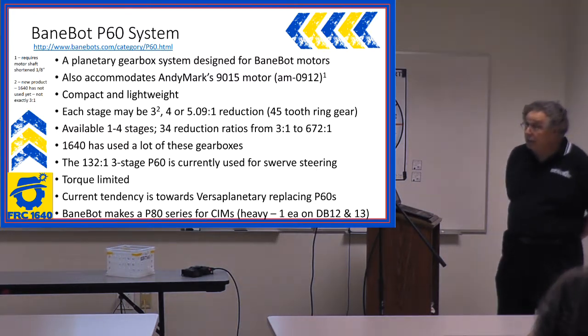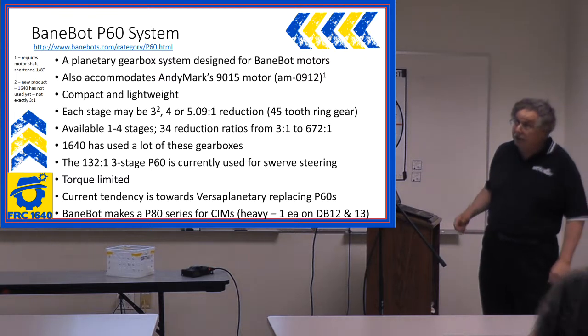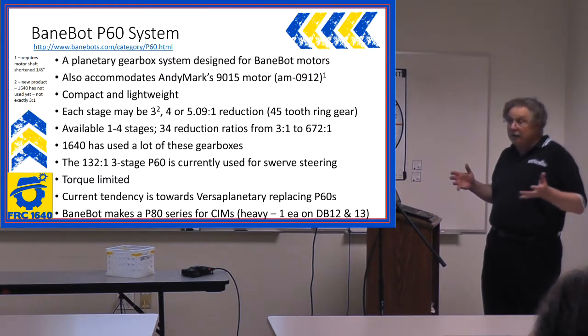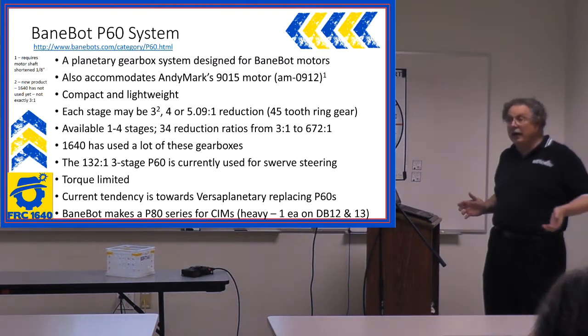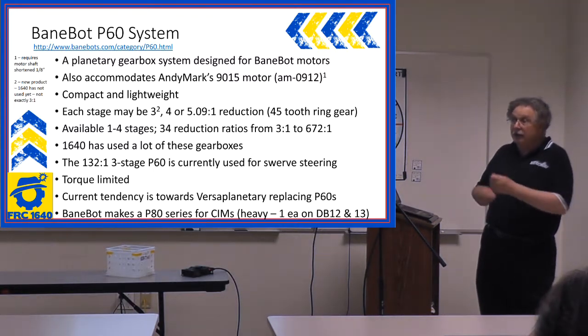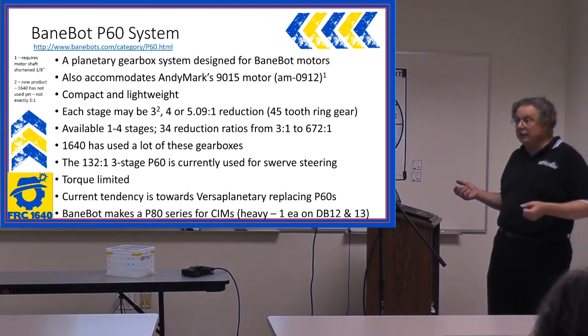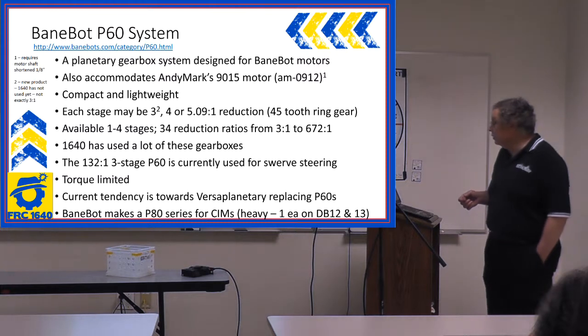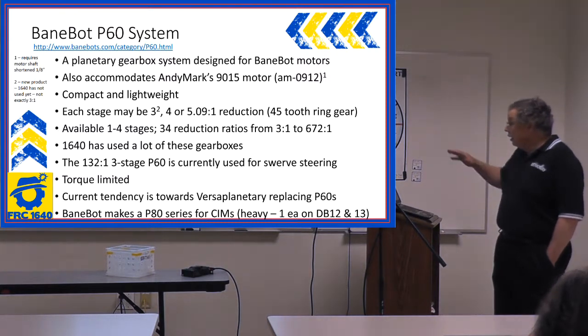They're torque limited compared to Planetary because their gears are sintered metal, basically metal forced together at high pressure and temperatures, but if you apply too much force to these gearboxes, you'll turn the gears into dust and it doesn't work so well.